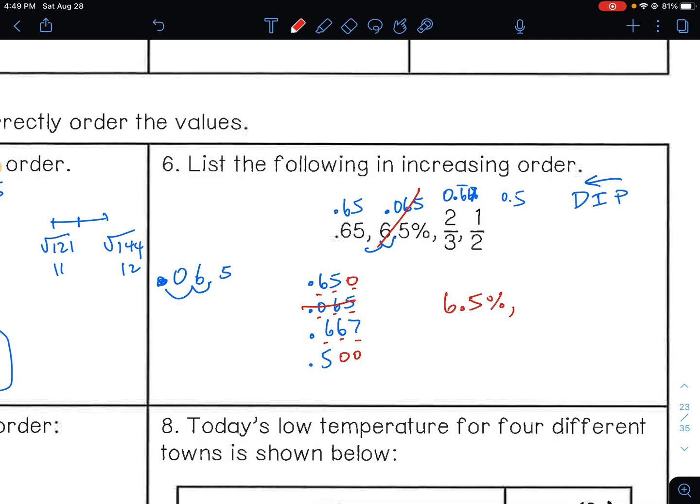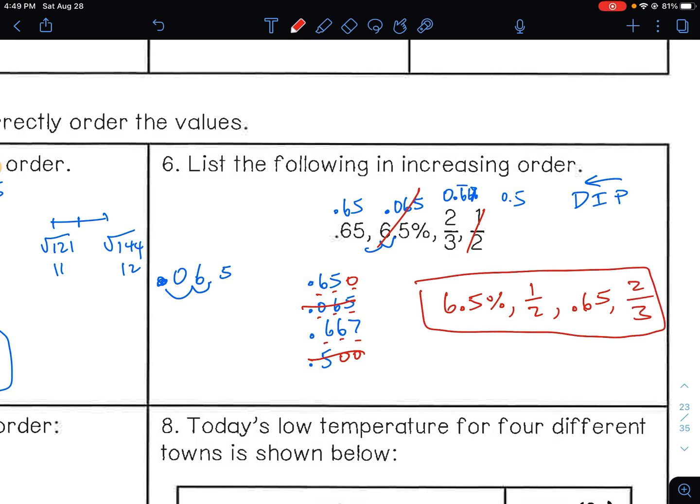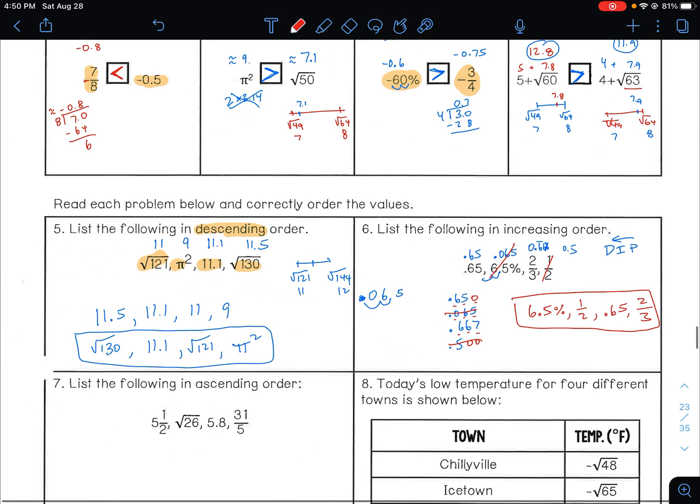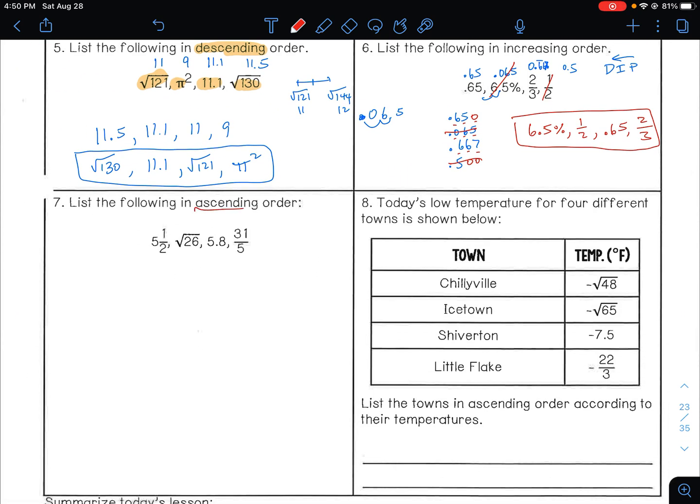I'd say the 500, the 0.5, which is 1/2. What's next after the 1/2? Well, it is 0.65, which is 0.65. And finally, the largest is 2/3. Ascending order from smallest to biggest.